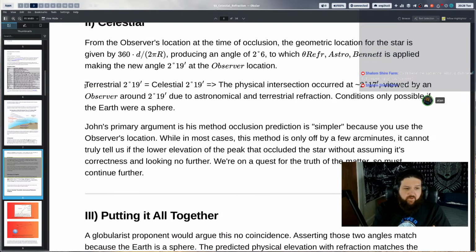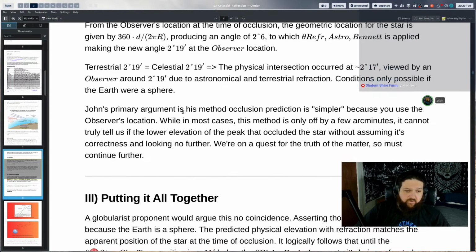So the terrestrial angle is 219, and the celestial angle, with the terrestrial added, comes out to be 219. It must logically follow that the intersection occurred at about 217 and is viewed by the observer around 219 due to astronomical and terrestrial refraction, conditions only possible if the Earth were truly a sphere.